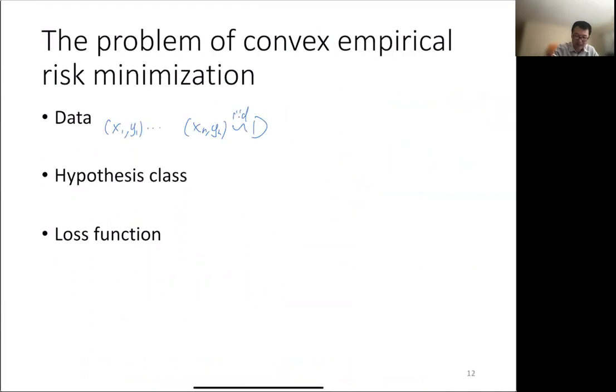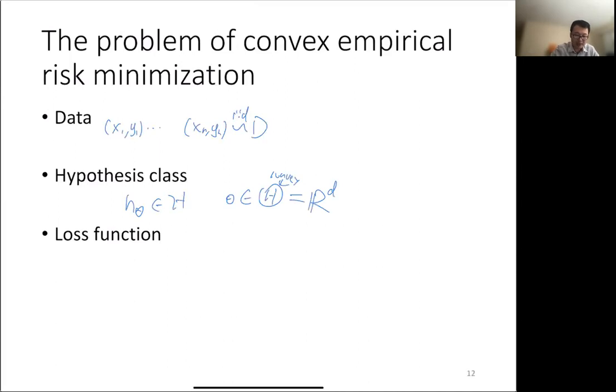The hypothesis class now is some prediction function parameterized by some parameter theta. This is equivalent to saying that theta belongs to some convex hypothesis space. And in our case, we mostly take this convex hypothesis space to be R to the d.